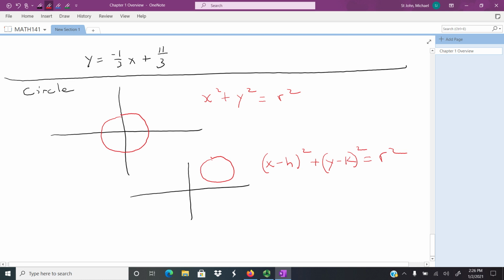When the equation is in this form, (h, k) tells you the center point of the circle, and r is the radius.